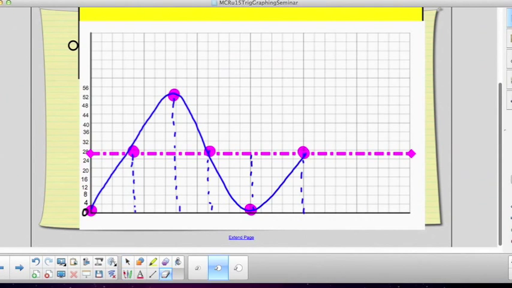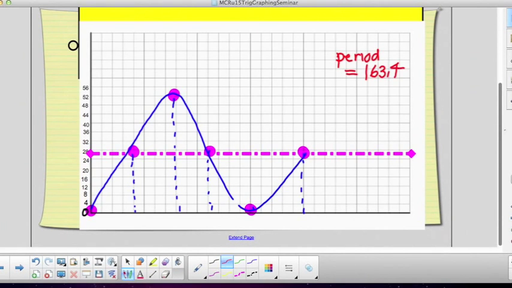Now, this is where I make my discovery. I know that my period, which is 163.4, has to be divided into 4 key parts of the graph, right? So divided by 4 is going to give me about 40.85.